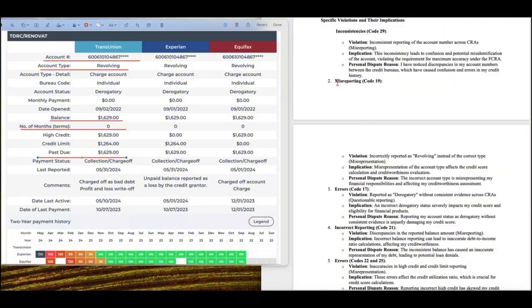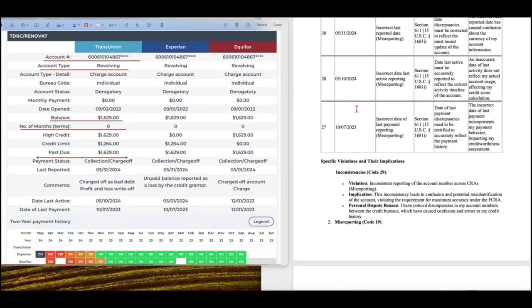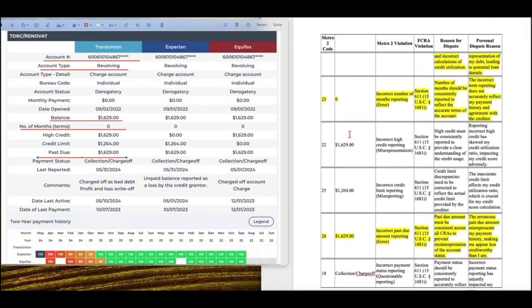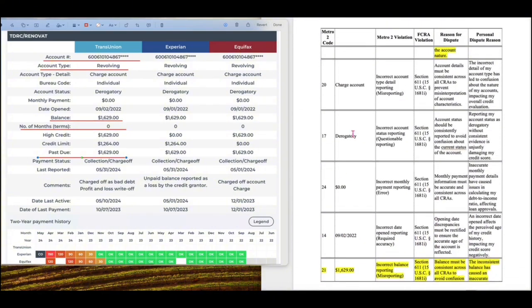I'm just going to delete that entire field. That way it is true Metro 2 disputing, because I'm not telling them exactly what that code is. Like I always say on all my Metro 2 videos, they're going to have to figure out what that code is.